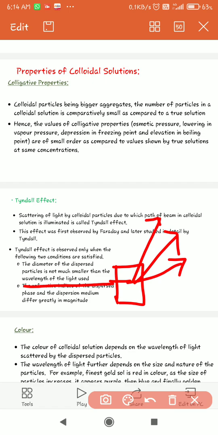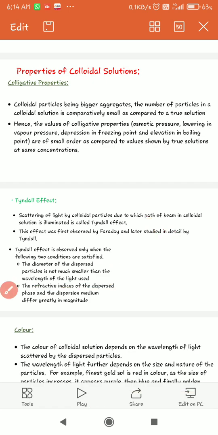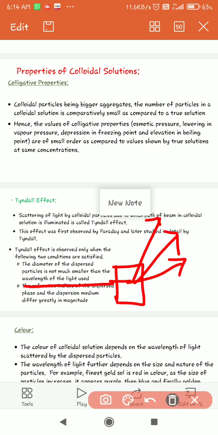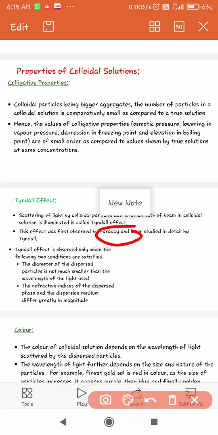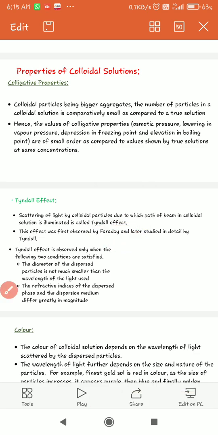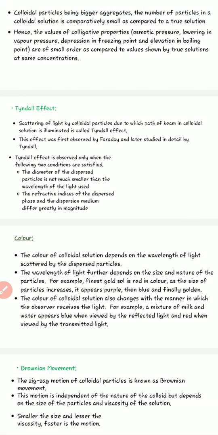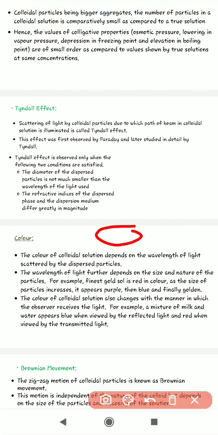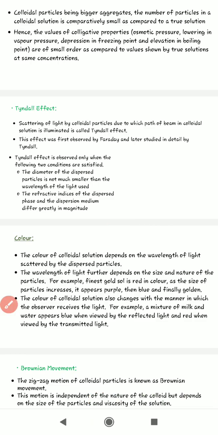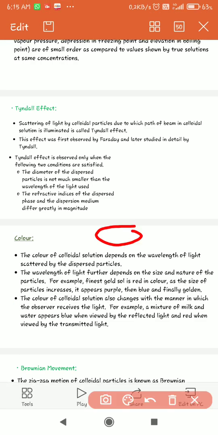The scientist Faraday first observed this Tyndall effect. The Tyndall effect is observed only when the following conditions are satisfied. Point number 1, the diameter of the dispersed particles is not much smaller than the wavelength of the light used.